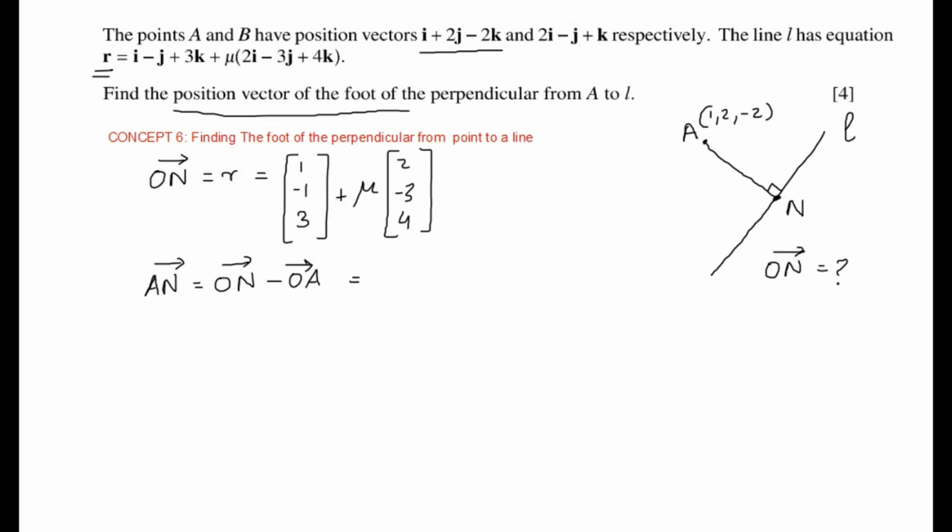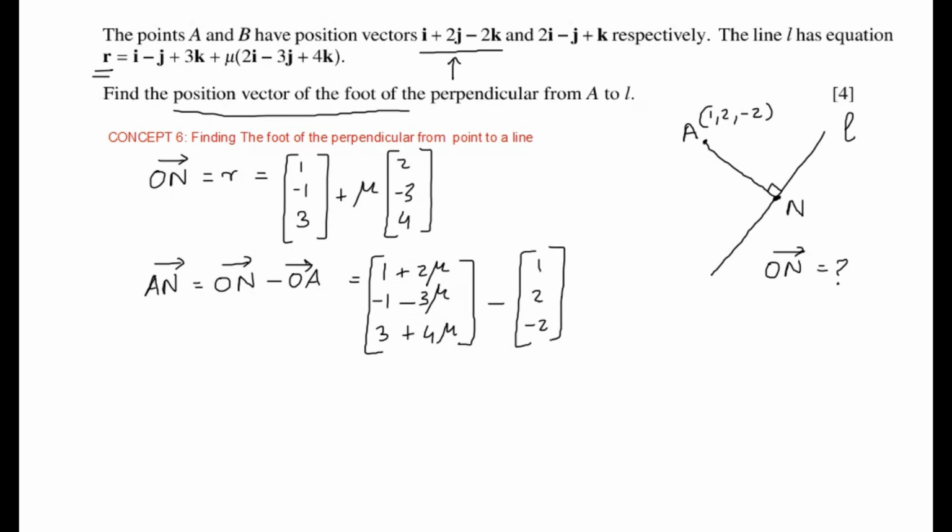I'm going to shorten it even further and write it as 1 plus 2 mu, minus 1 minus 3 mu, and 3 plus 4 mu, minus OA, which is given to us right here, and that is 1, 2, minus 2. It's just easier to work with them when they are written in this form. So now I'm going to shorten it even further. So 1 plus 2 mu minus 1 gives me 2 mu.